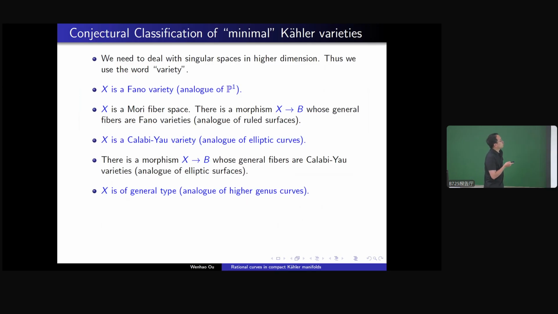So maybe I also need to underline that this classification is not a disjoint union. For example, there are Fano varieties which also admit a structure of Mori fiber space. For example, we can take the product P2 x P2, then one projection will be a Mori fiber space, etc. So this is the very conjectural classification of higher dimensional compact Kaehler varieties.